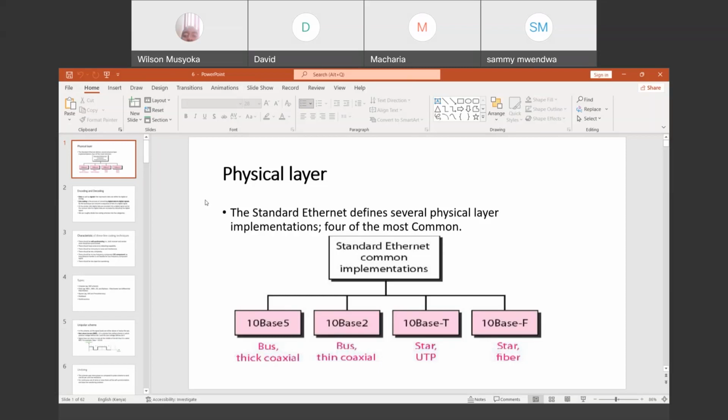And that encapsulated information is supposed to ensure that this data being transmitted is transmitted the right way, and it is going to reach the intended destination.